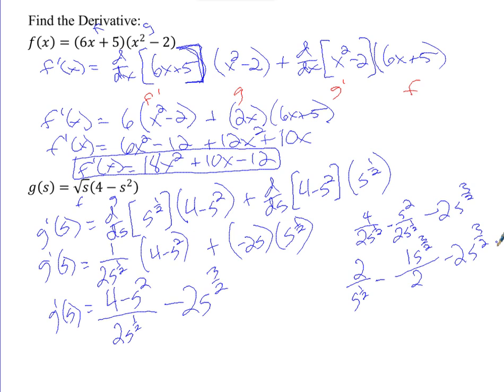Yeah, we have s to the 3/2 here and here. So these are like terms. That's a negative 1/2 s to the 3/2 minus 2s to the 3/2. So this is 2 over s to the 1/2 minus 1/2 minus 2, which would be negative 2 1/2. So negative 5 s to the 3 halves over 2.